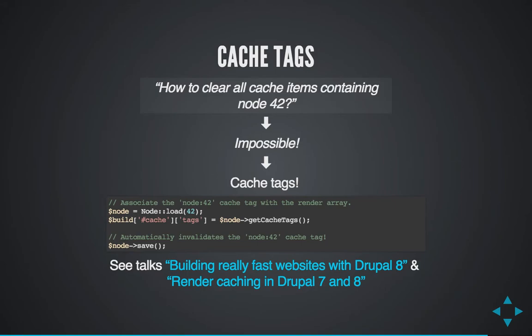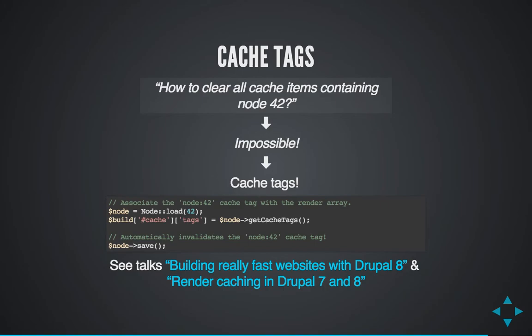And every single entity also has a getCacheTags method that simply returns, given an entity object, whatever the cache tags are that are associated with that object. That allows us to not have to do error-prone manual construction of entity type ID, append a colon, append a number. No, it just allows us to call a method and be done with it and not make any mistakes.